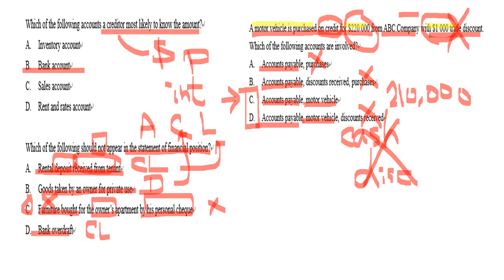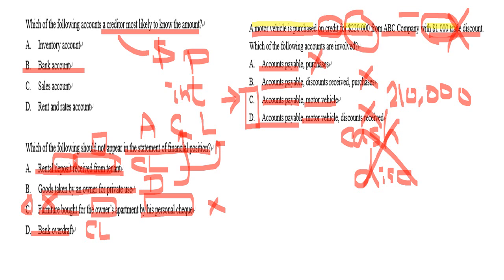Okay, in terms of a kind of deposit. So this kind of deposit is another kind of current liabilities owed to the tenants, but it is included in the SFP.